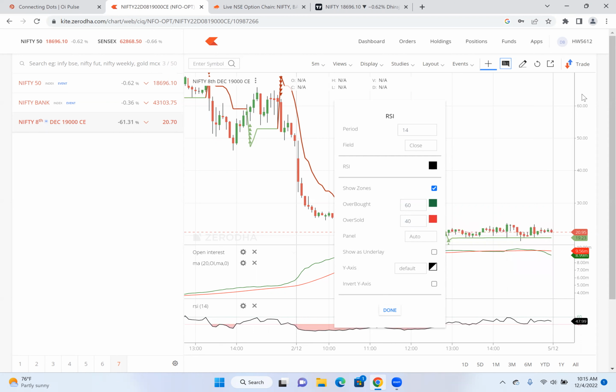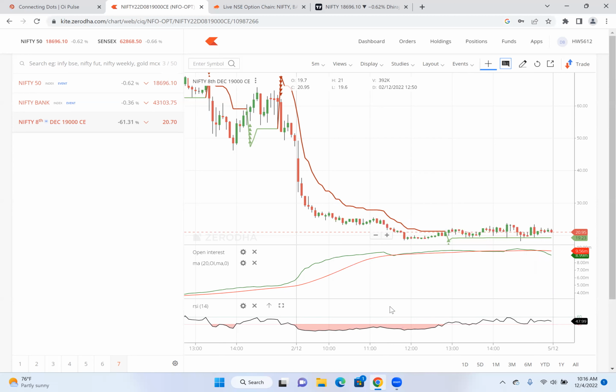Note down the settings: RSI period is 14, field is close, color whatever you keep, and I'm showing the zone. Overbought I've changed to 60, oversold I've changed to 40. So this is my other indicator. I had super trend, OI, simple moving average on OI, and RSI. These are the indicators I have.